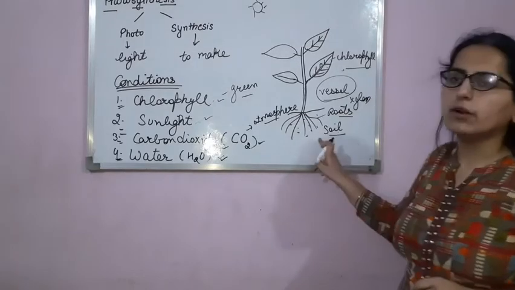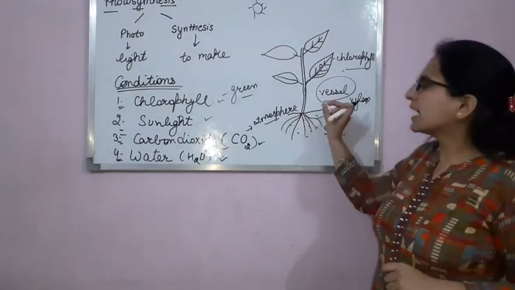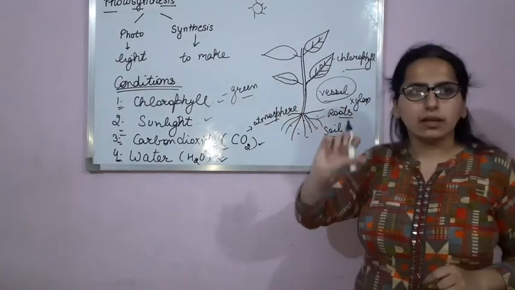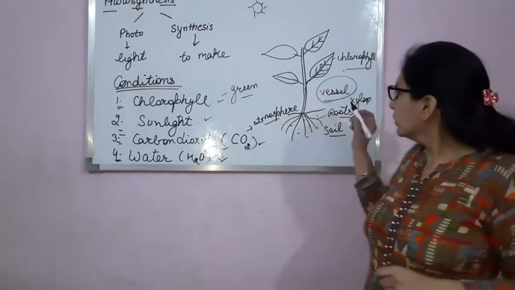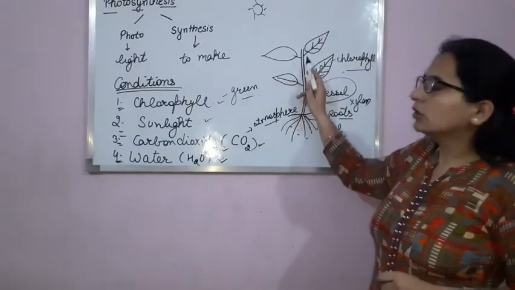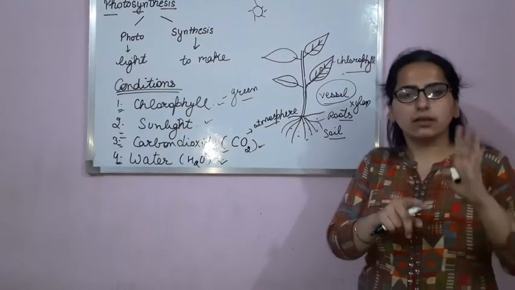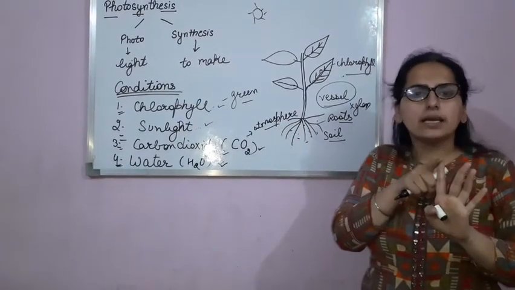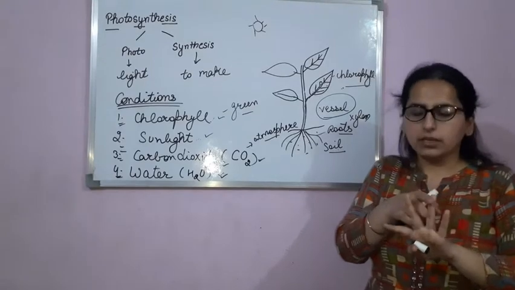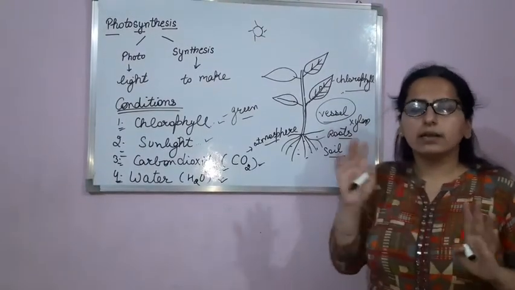Xylem is a tube-like, pipe-like structure. This xylem will take the water from the roots to the leaves. Now all the four things, that is sunlight, chlorophyll, CO2, water, have reached the leaf.